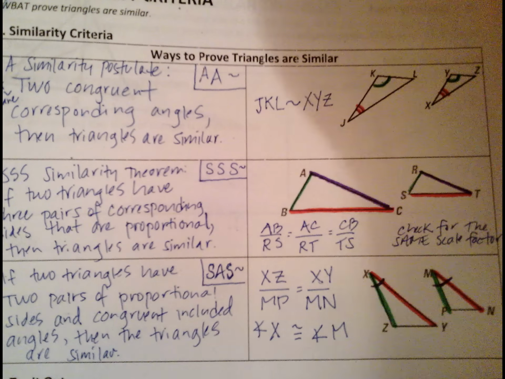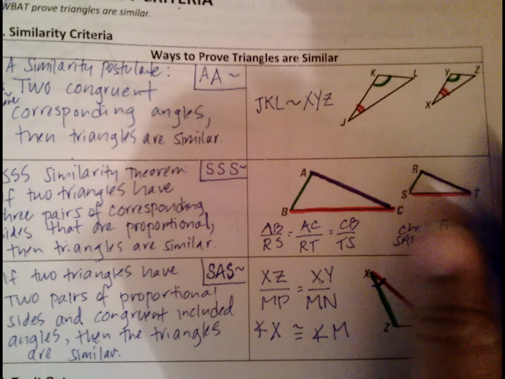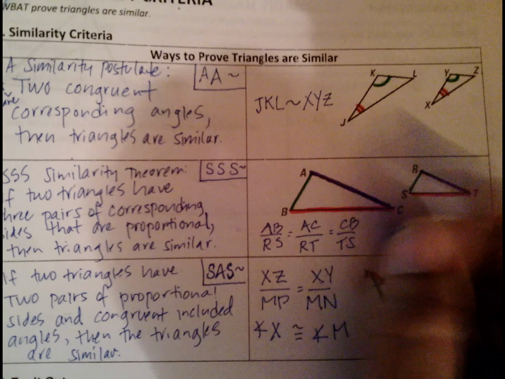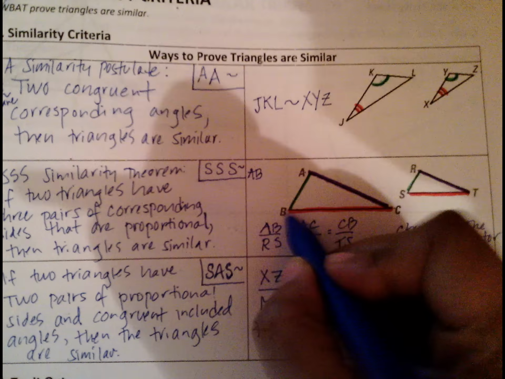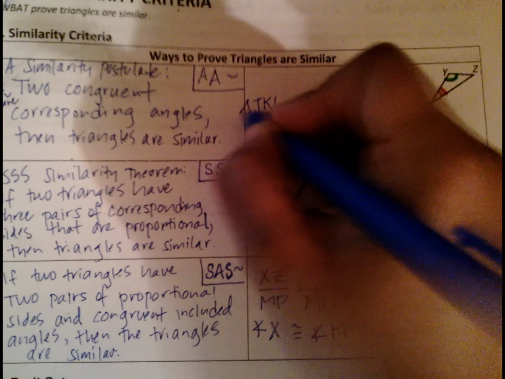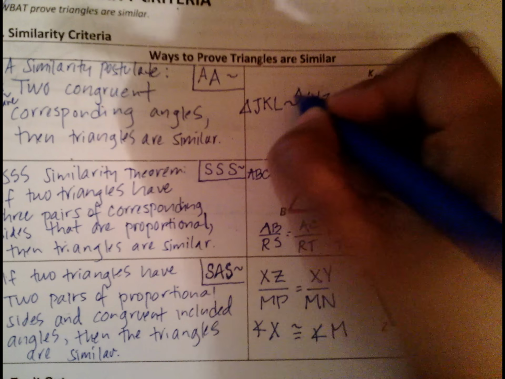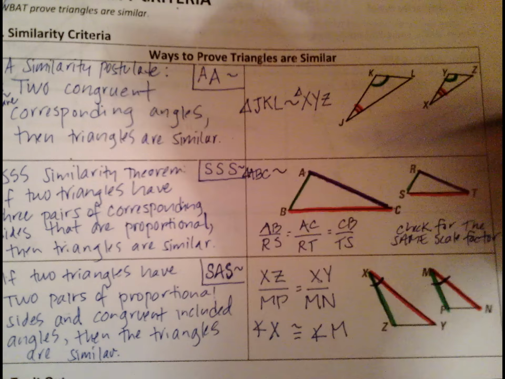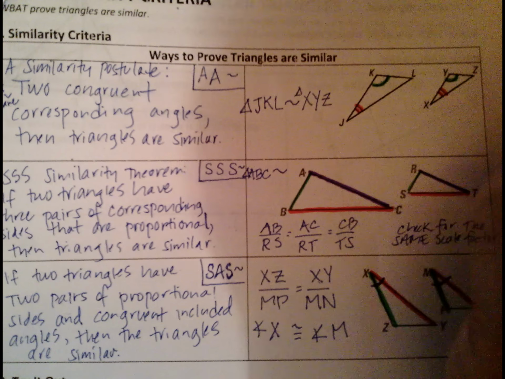So the similarity statement here would be, excuse me, there's a shadow over the work. It would be ABC, right? So AB is the first side in green, then from B to C. So triangle, and I actually need to put these triangles here, in that first one. I'm going to do that here as well. Triangle ABC is similar to triangle RST.